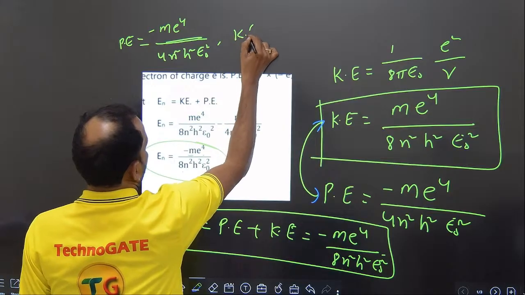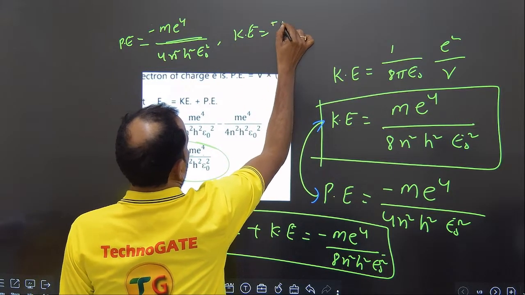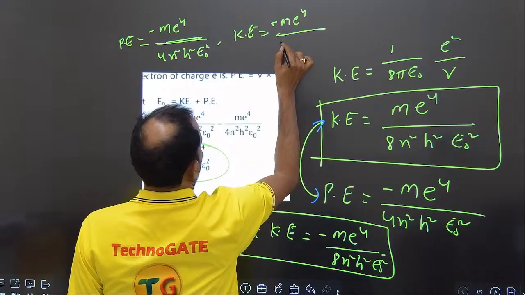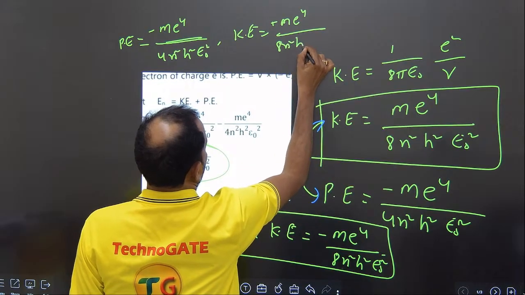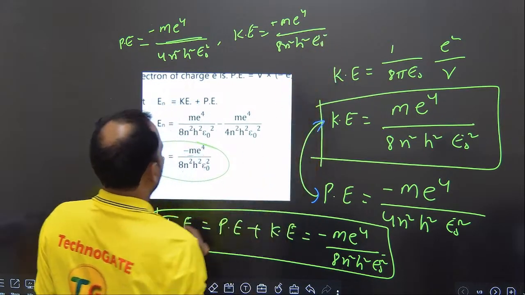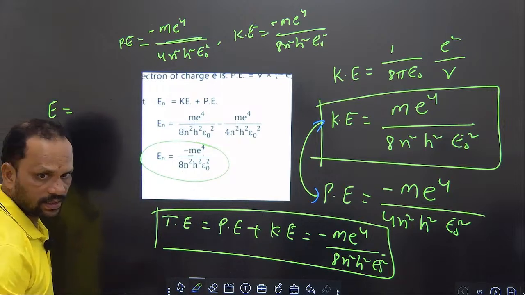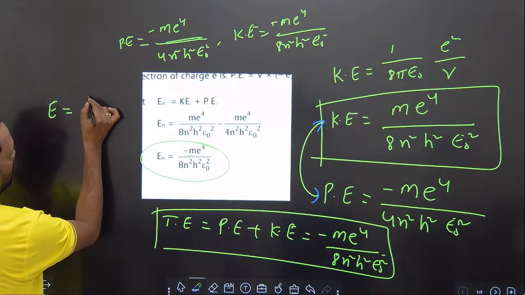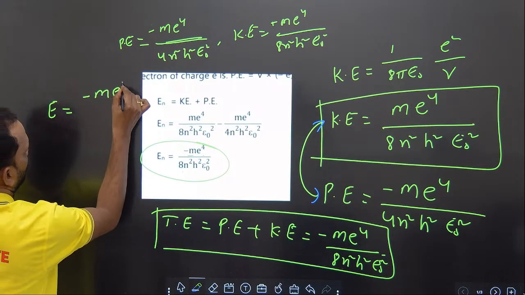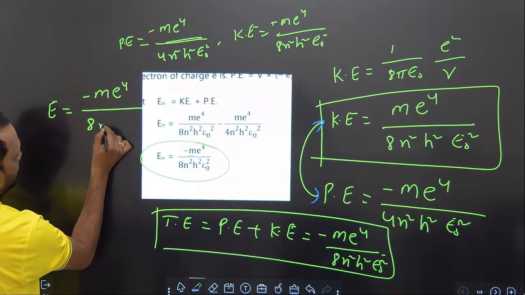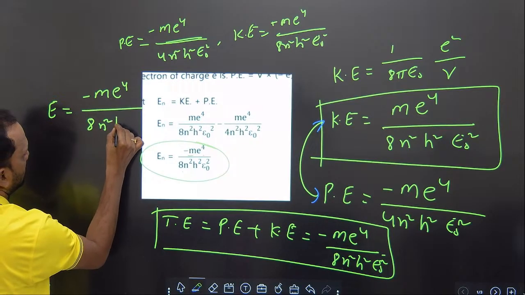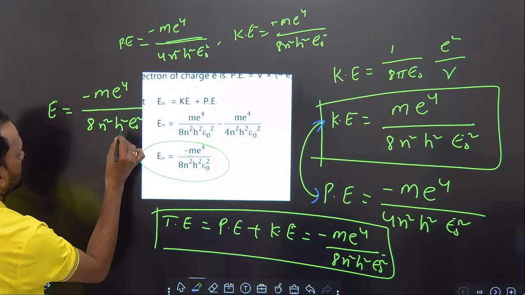Similarly, kinetic energy is equal to m e power 4 by 8 n square h square epsilon naught square. Total energy is equal to minus m e power 4 by 8 n square h square epsilon naught square. This is the formula.